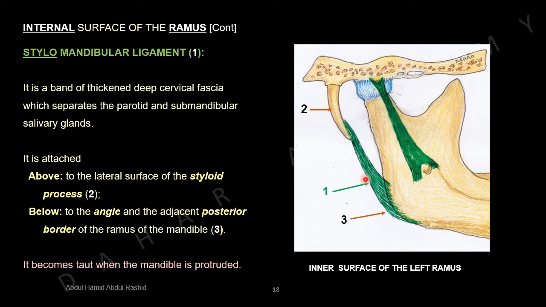It is attached above to the lateral surface of the styloid process. This is one, styloid process. Number 2, and below this ligament is attached to the angle and adjacent posterior border of the ramus of the mandible. Number 3. This ligament becomes taut when the mandible is protruded.